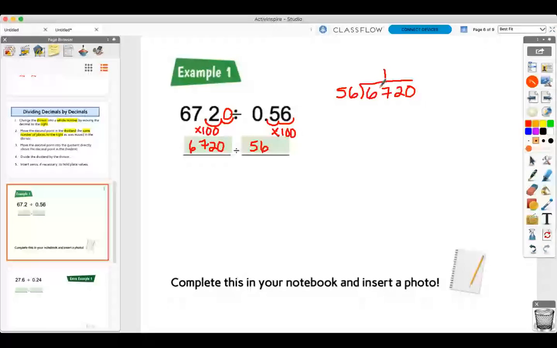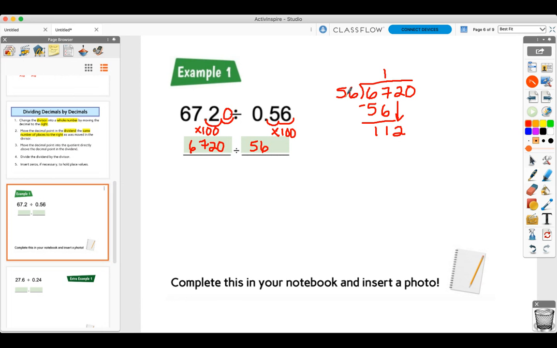So 1 times 56 is 56. You subtract. So this is going to be 7 minus 6 is 1, 6 minus 5 is 1. Bring down the 2.